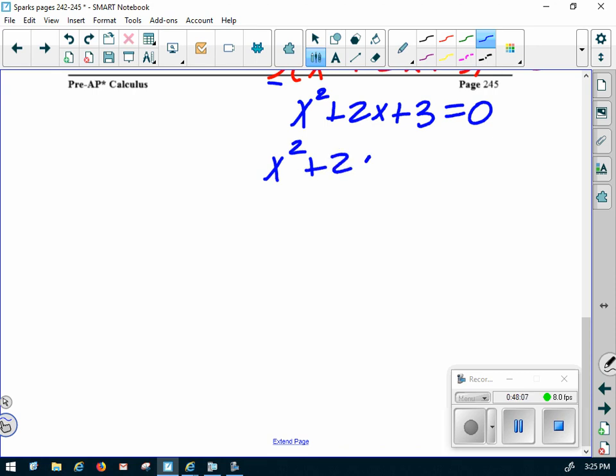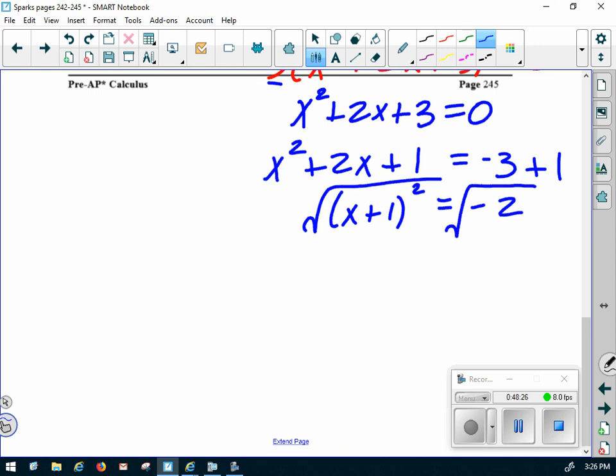All right, let's complete the square because we can. Half of 2 is 1 squared. But if I add 1 to one side of an equation, this is times, not plus. This is i times the square root of 2.